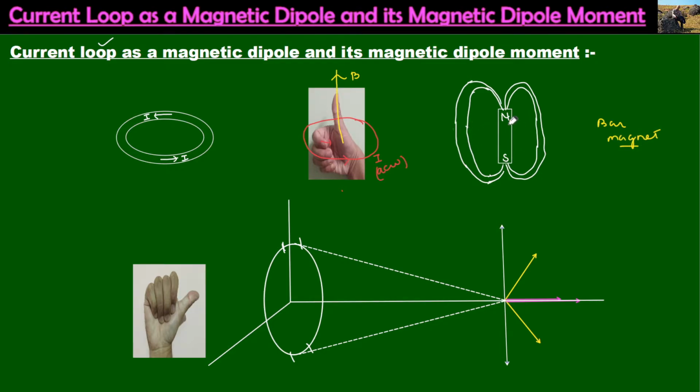We already know that when we have a magnet, the magnetic field lines always emanate from the north pole and go to the south pole. Look at these arrowheads: the field lines move from the north pole and go to the south pole.